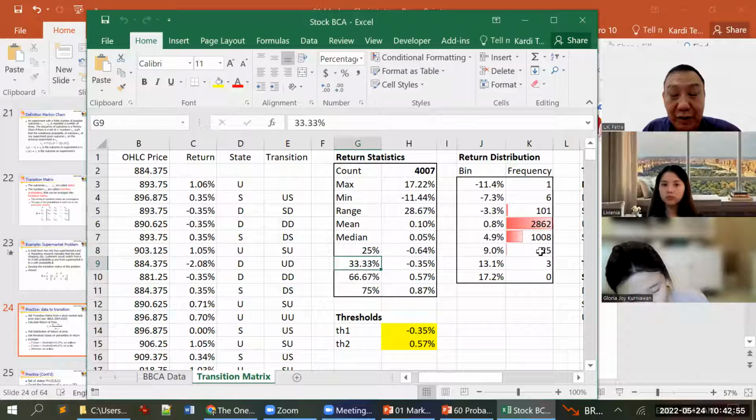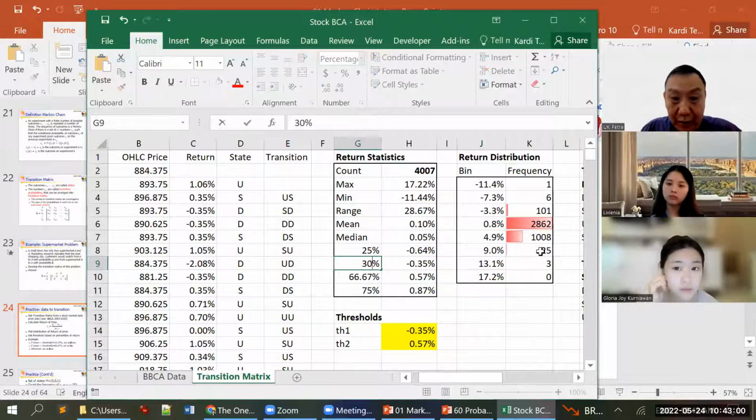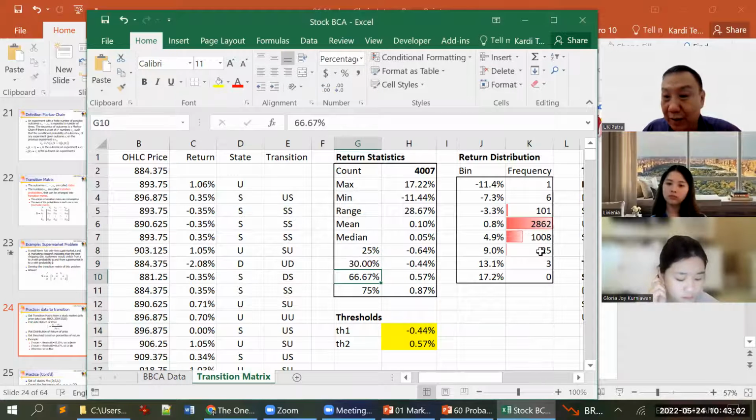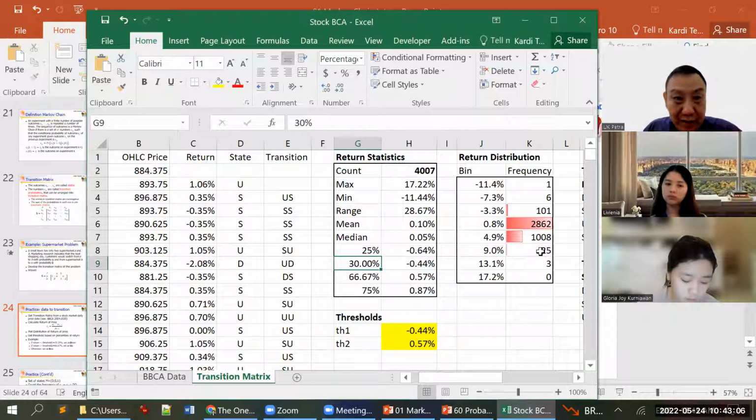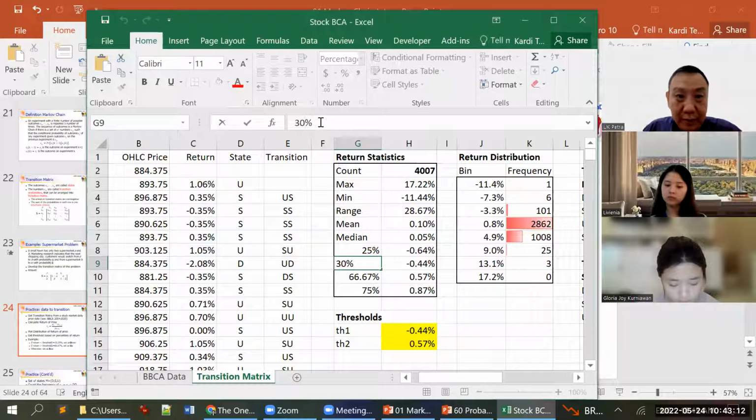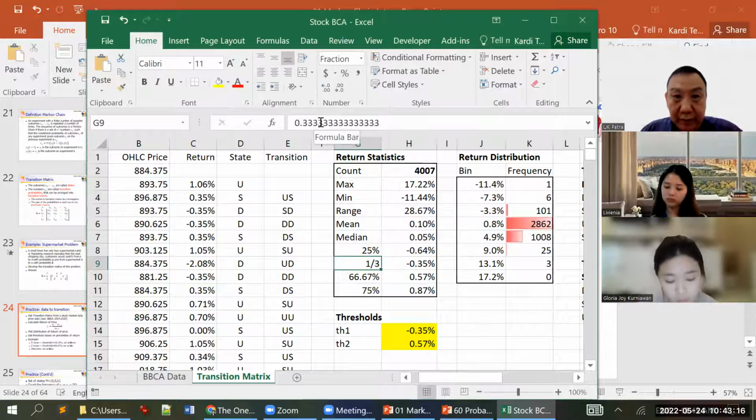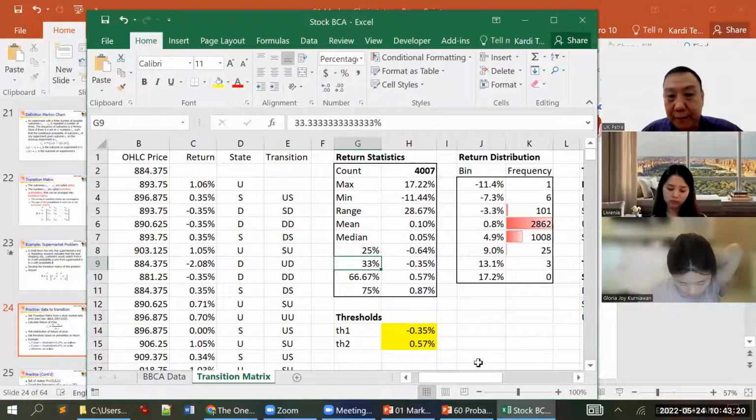For example, instead of 1/3, you can say, I want just 30%. Then the threshold changes. So here I put 1/3, still 20%.